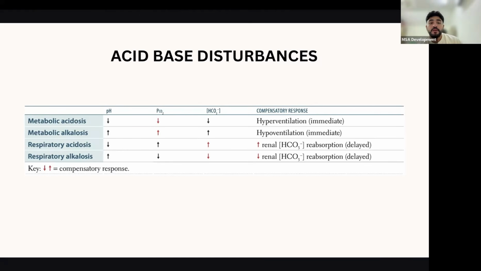And for respiratory alkalosis, same thing. High pH, and then you're going to have low carbon dioxide, and then you're going to have low levels of bicarb in your body to compensate for the respiratory alkalosis. I hope this is simple. I hope it's easy. I hope I didn't overdo it.